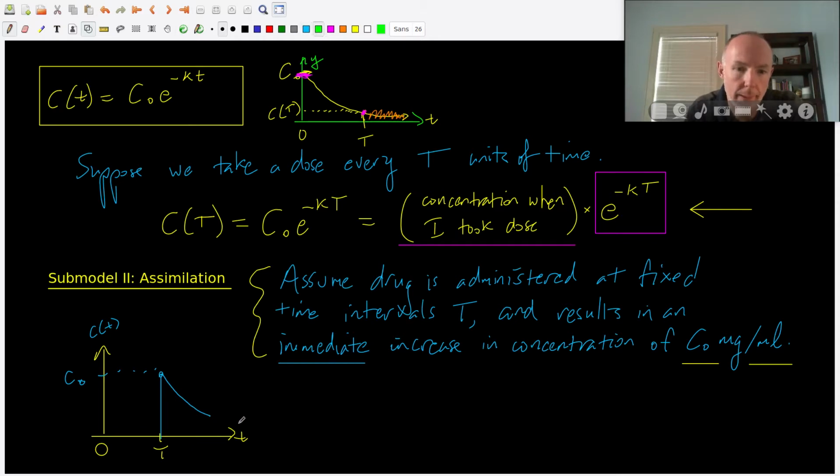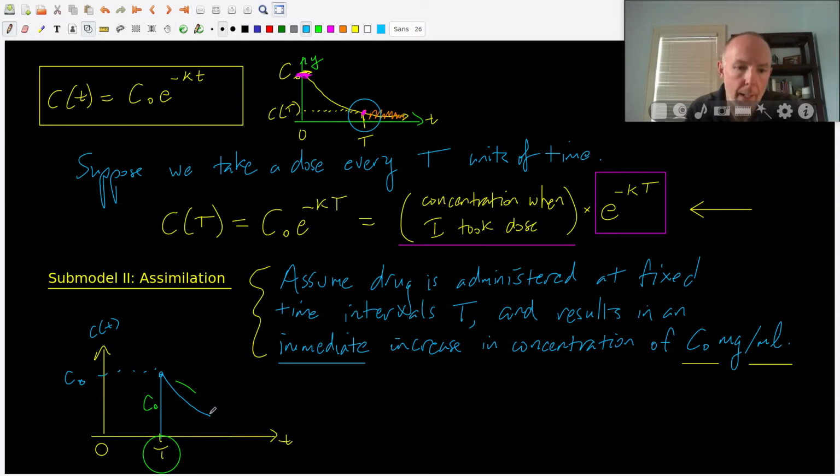This is the exciting moment when the drug is taken, and I'm going to have an immediate increase of C0 in the concentration in my bloodstream, and then it's going to start decaying away. And then we see that it can't decay away completely before we take the next dose, because this exponential never actually gets to 0. So this is an exponential decay, but it won't reach 0 before we take the next dose.